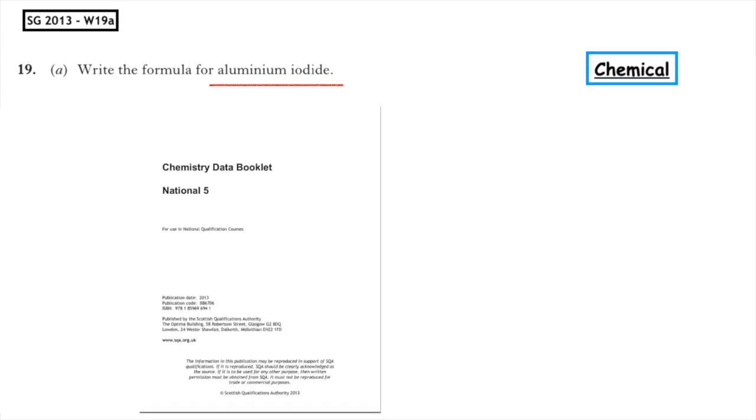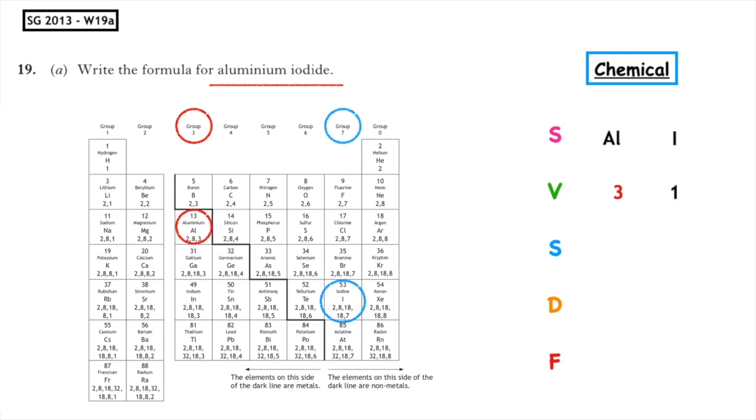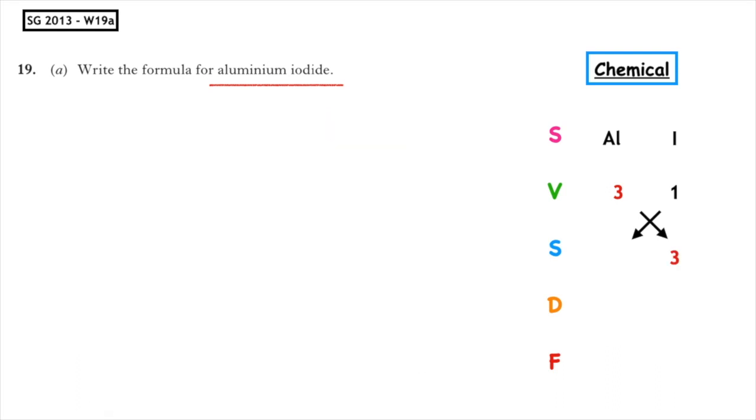We start off with our SVSDF, symbol for aluminium, Al, found in group 3, valency 3. Iodine, the symbol is I, it's found in group 7, valence 1. Swap the numbers over. Highest number 1 and 3 can be divided by to keep it a whole number is 1. 1 divided by 1 is 1. 3 divided by 1 is 3.